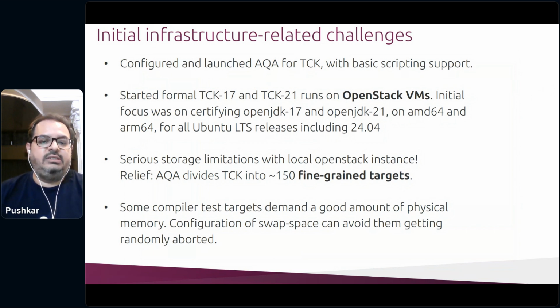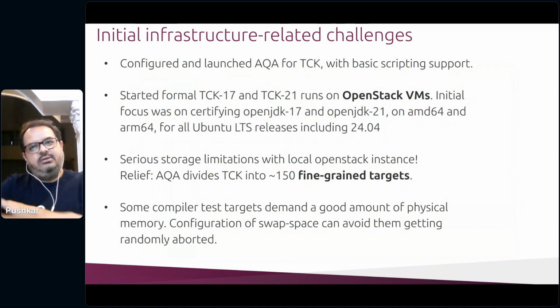And because of our limitations, we did not have that much space on the volumes that we were given on each VM. So because AQA defines these small targets, 150 targets, we were able to run one target at a time, stash the results away, run the next target. So it was possible only because AQA gave us that fine-grained control.